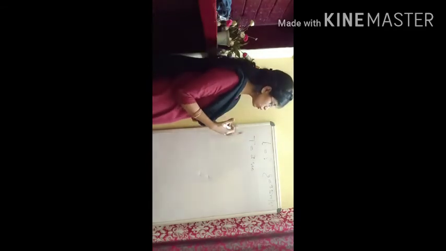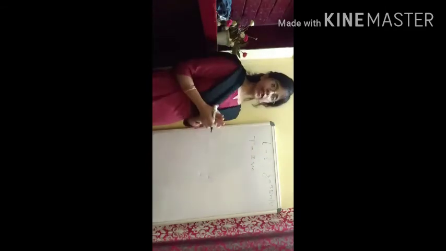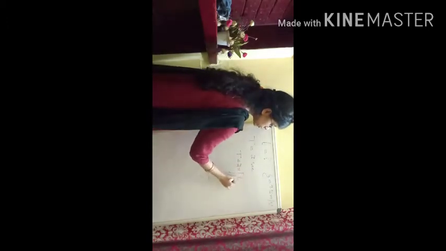So this information we are going to write on our own: for a second pendulum the time period is 2 seconds. For time period we know one formula, T equals 2 pi under root L by g.